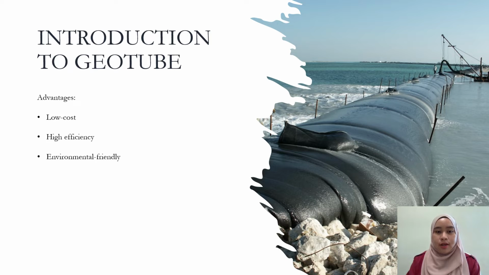Secondly, the geotube is highly efficient compared to the existing method of barrier construction due to its ease of handling, installation, and the ability to discard sludge. Lastly, the geotube technology is very environmentally friendly since the material used in the geotubes is only sludge, which is a mixture of biodegradable waste such as wood, sand, and leaves.